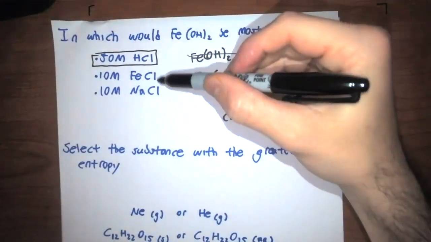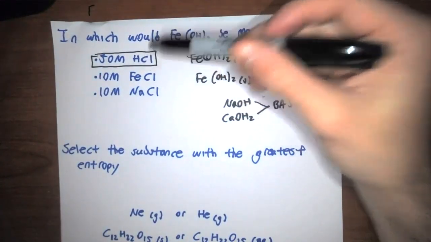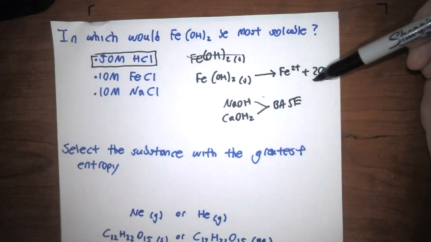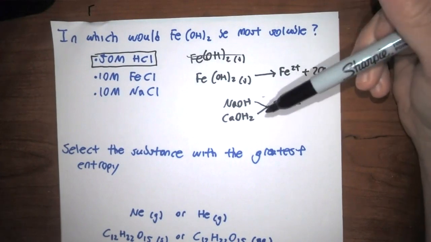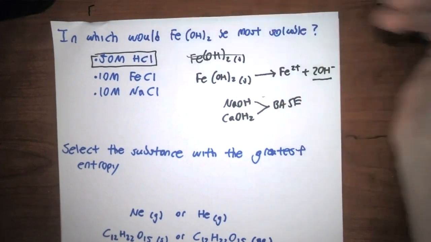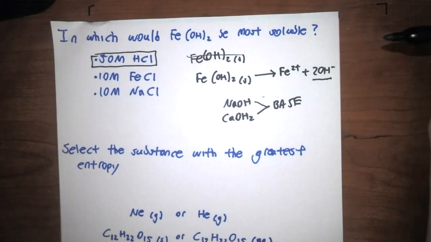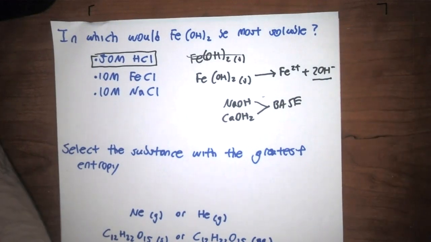These might do a little bit of solubility, but HCl is going to react big time with OH minus because, again, we know OH minus is a major component of strong and weak bases. If we need something to react with a base, we pick an acid. That's how you would go about solving this problem. Okay, that's kind of a multiple choice problem that you may see in the near future.